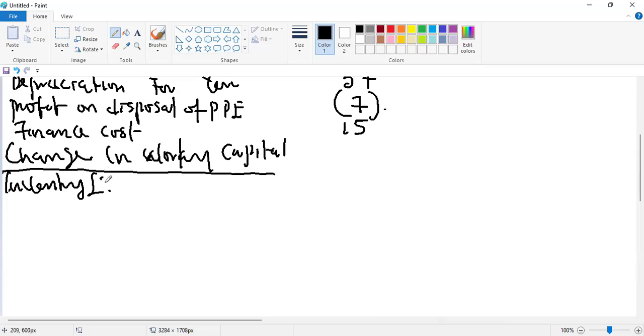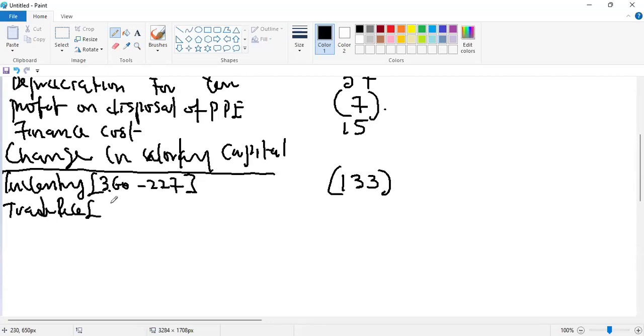So I'll say 360 minus 227. Don't forget, the bigger one will come first. So an increase in current assets will lead to what? Cash outflow. Outflow of how much? 360 minus 227 is 133. 133 outflow.